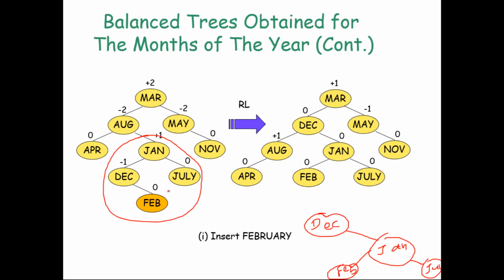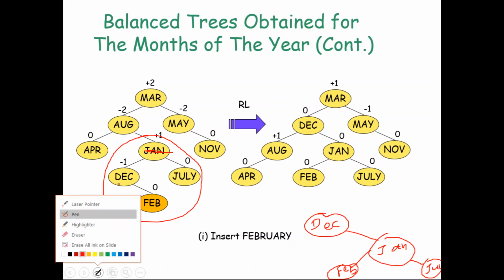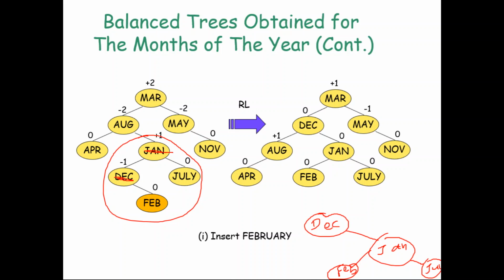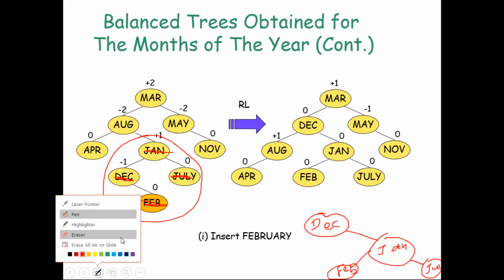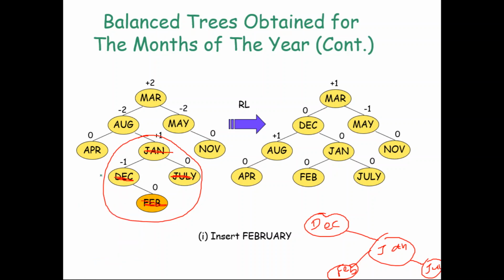So this part of the tree will be converted like this, right? That is, the root will be December. I will use a different color. I will strike off all this with red, then I will use a different color. Okay, so the root of this tree will be December. And December's right child is Jan.